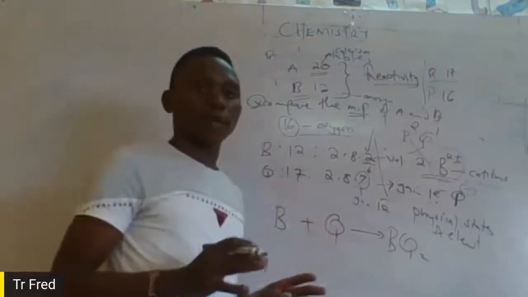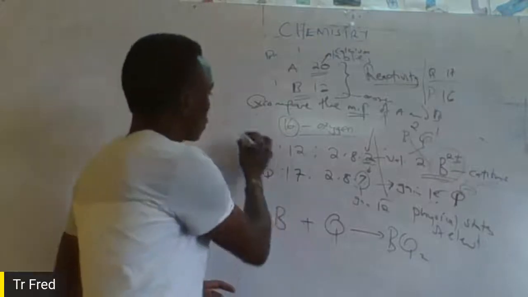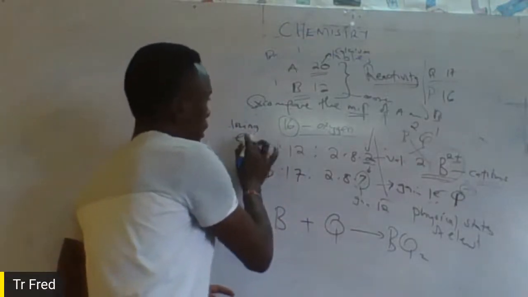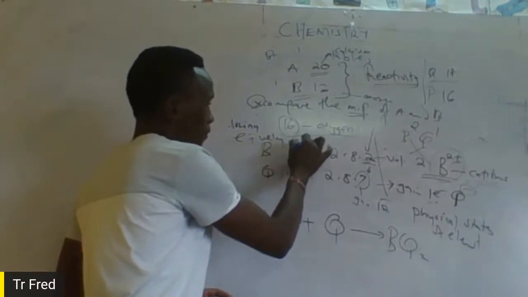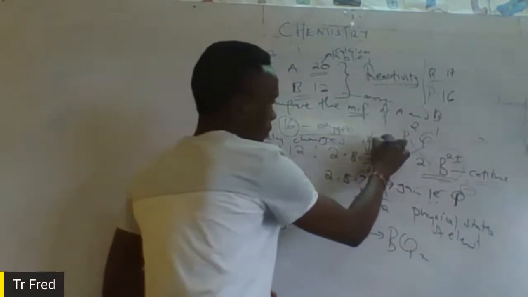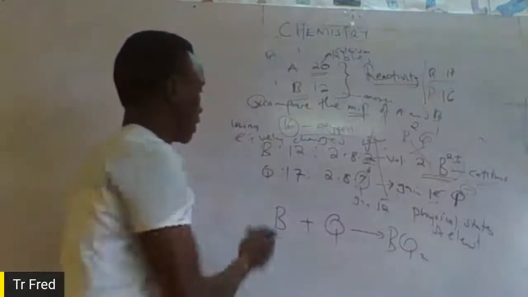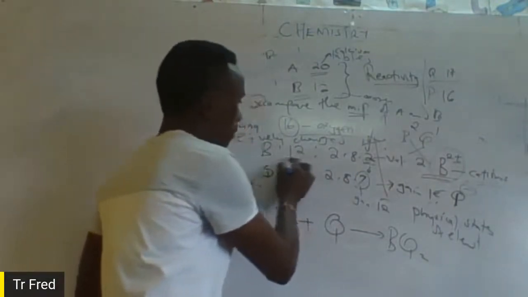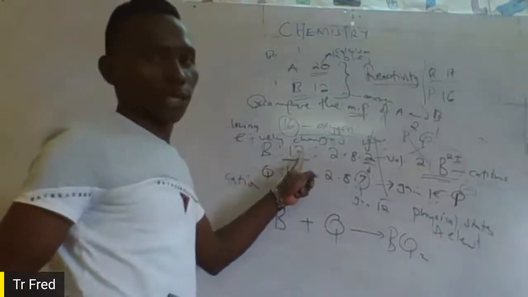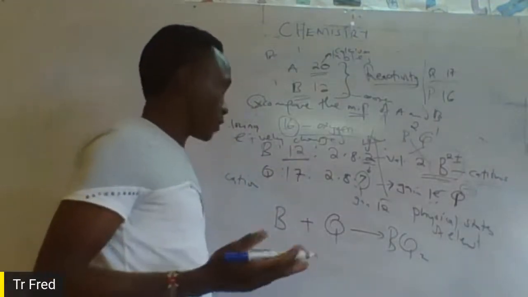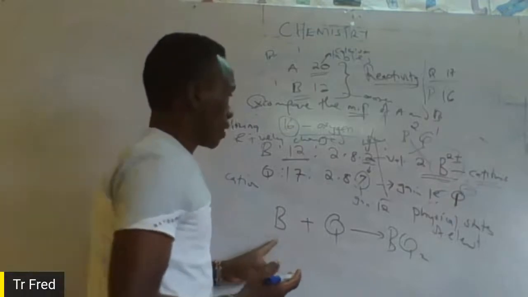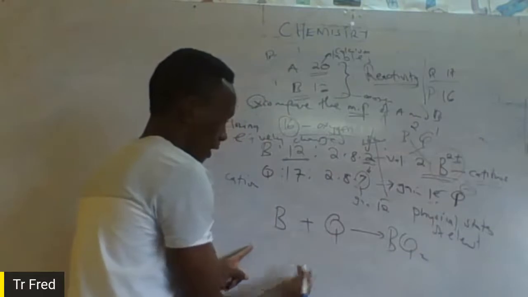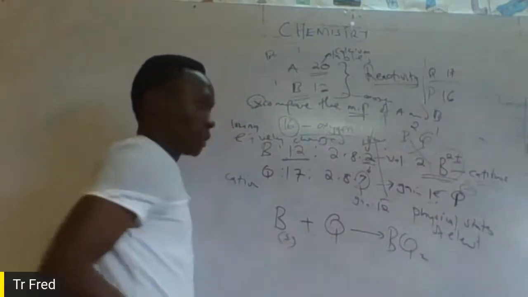Any element forming ions by losing electrons forms a positively charged ion, and the ion is simply known as a cation. Therefore, as we have seen, B forms ions by giving two outermost electrons, and then after giving the two outermost electrons, it forms a positively charged cation. Therefore, we know that B is a metal, and metal is in a solid state.